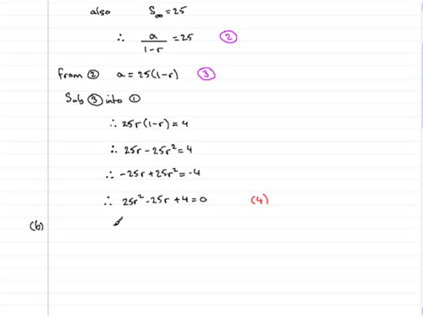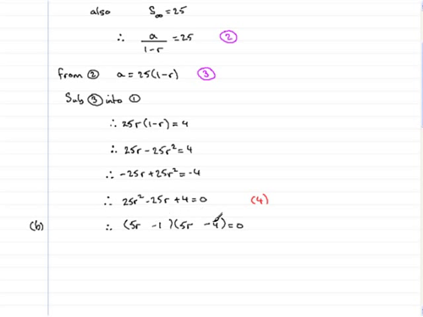Okay, welcome back. See how you got on. So to find the 2 possible values of R, all we need to do is factorize the quadratic we had in part A. So if we factorize that, we get 2 brackets equals 0. It'll be 5R and 5R because they will multiply together to give 25R squared. And then it's a -1 and a -4.